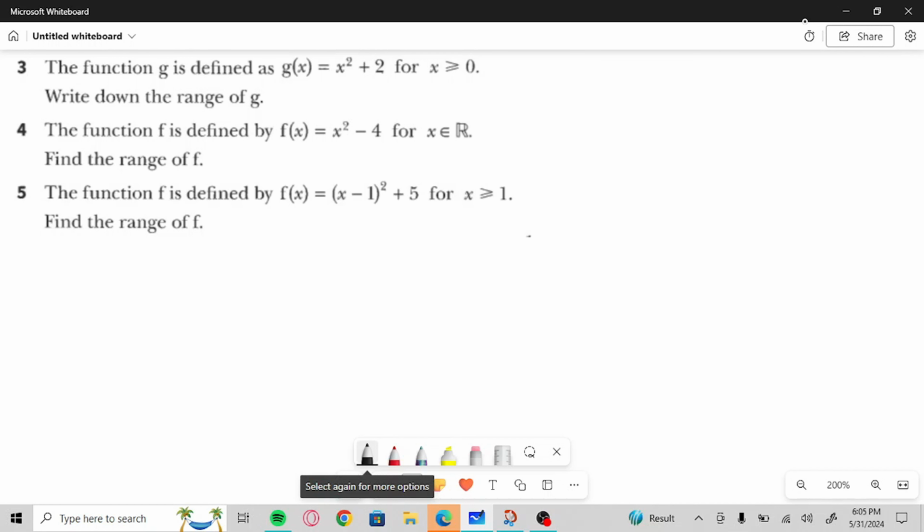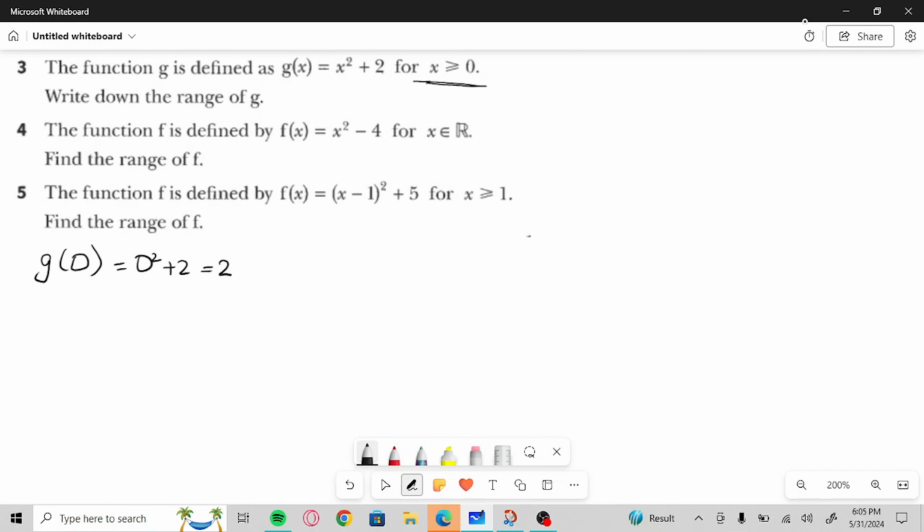Now we have to write the range of g. This is a different question than what we are used to, because we are usually given two values and then we find the range. However, as just one value is given, we are just going to input that single value. We are given that x is greater than or equal to 0. So instead of x, we are just going to write g(0) is equal to 0 squared plus 2, which is equal to 2.